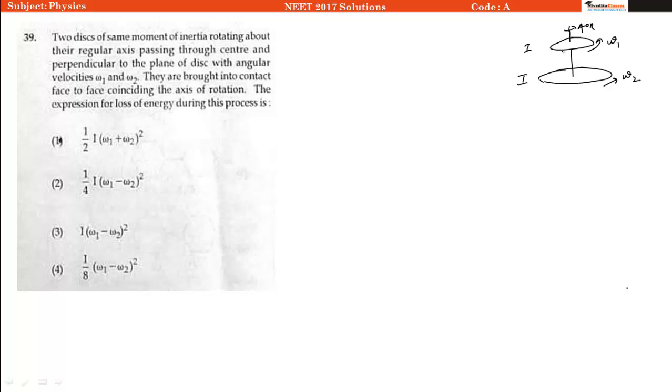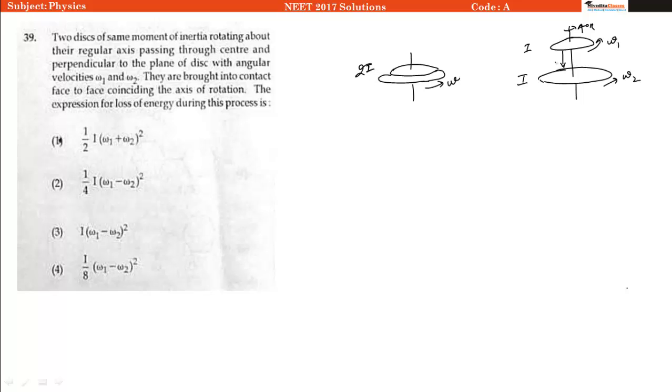Now this disk is brought in contact with the other disk, and both are rotating together with angular velocity omega. Their moment of inertia will now be I plus I, which equals 2I.